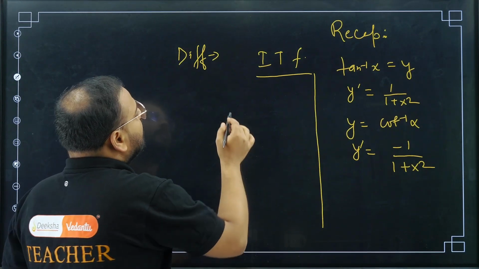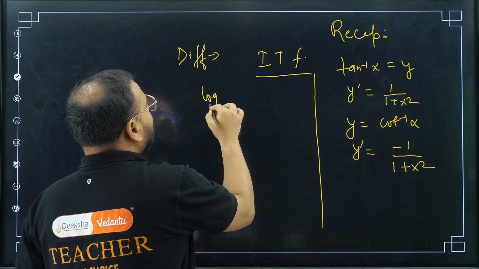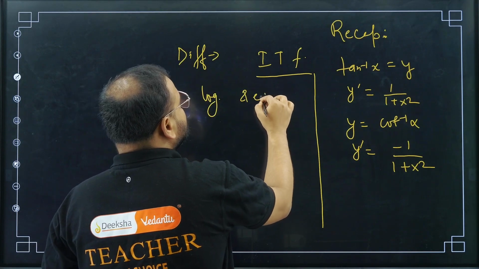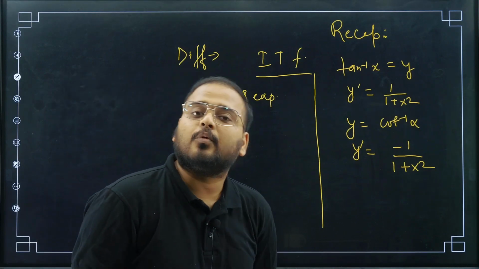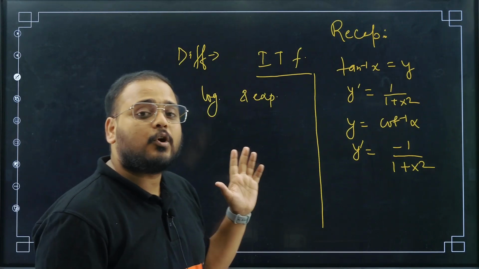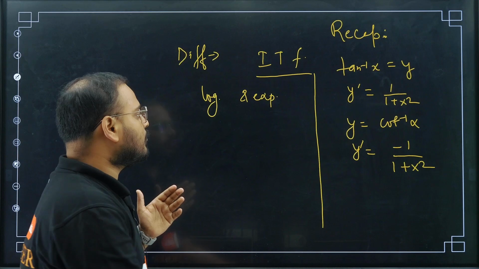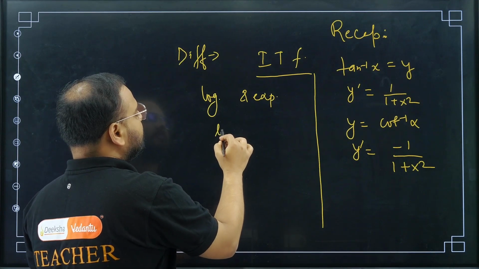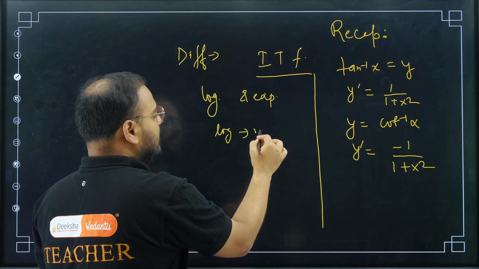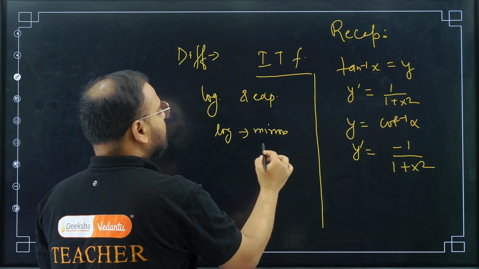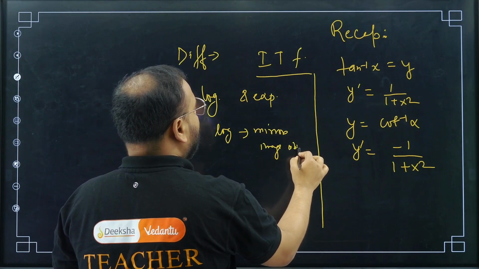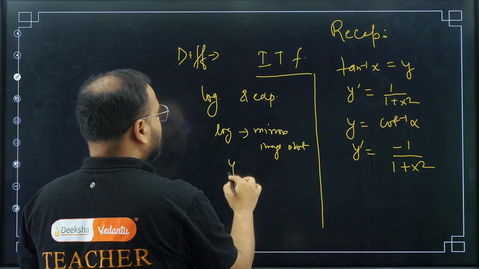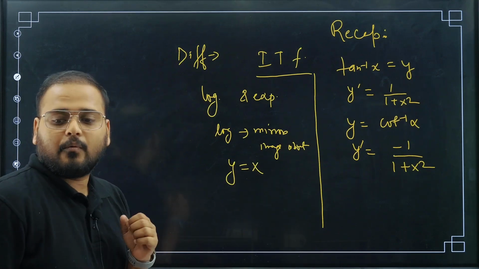Next, we also talked about logarithmic functions and exponential functions. We talked about the graphs, their features, how the domain and range look, and how they are inverses. We take the log graph and its mirror image about the y equals x line.